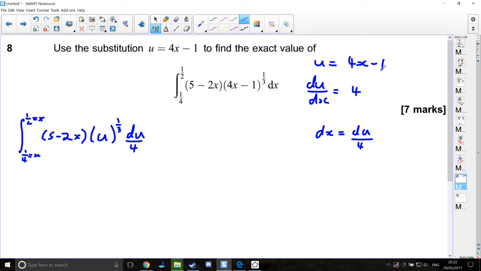I only do this if it hasn't cancelled out anything here. Cannot stress that enough. I only do this if a cancellation hasn't occurred and I've not got everything in terms of u. So what I now have is u plus 1 divided by 4 is x.